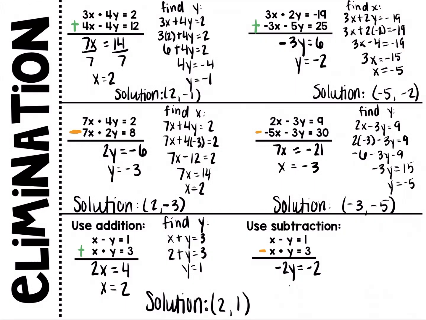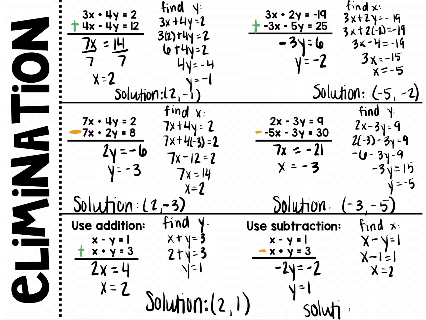So then we're going to divide by negative 2, and y equals 1. So then I have to find x after I find y. So x minus y equals 1. So x minus 1 equals 1. So I add 1 on both sides, and x equals 2. And so my solution is still the same.